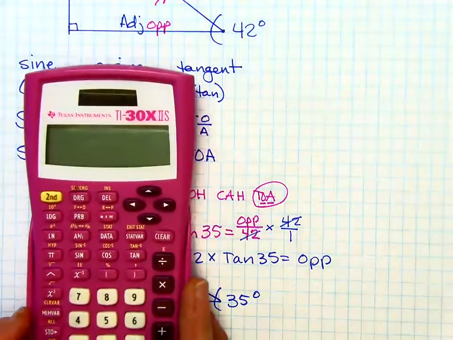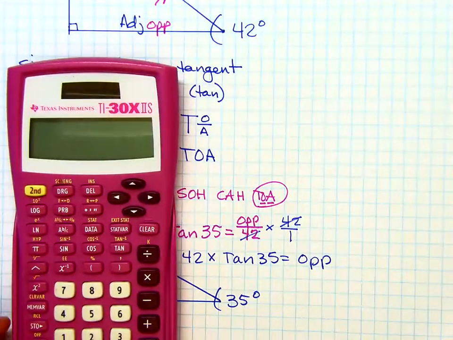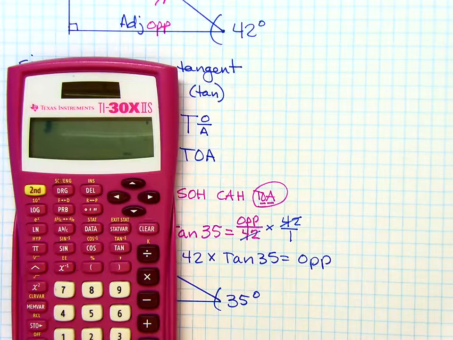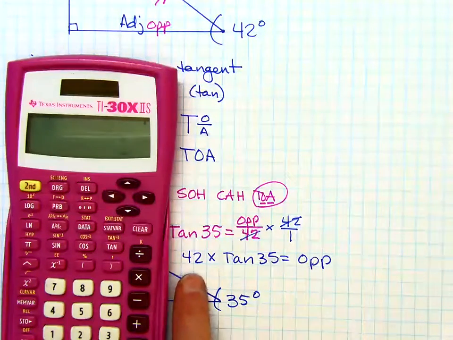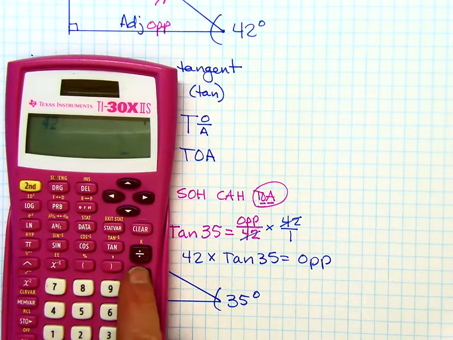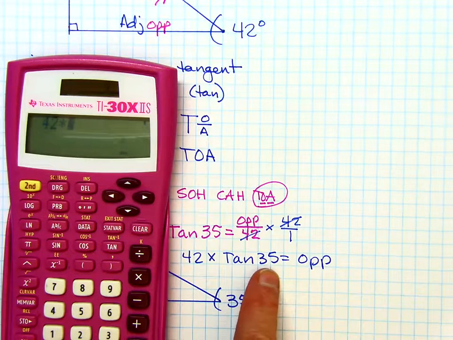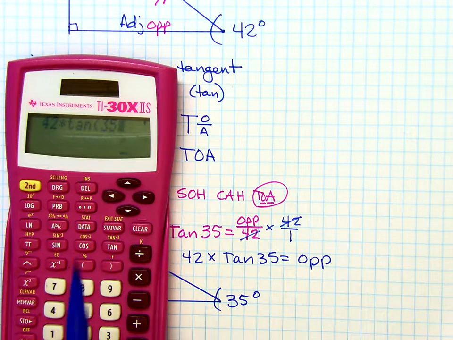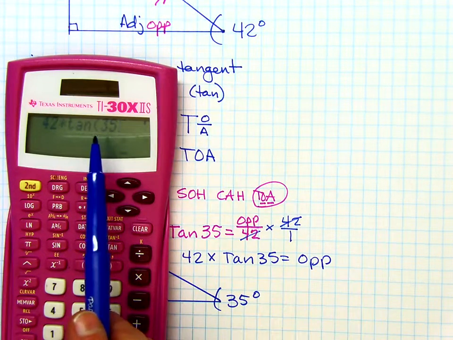So let's go ahead and do that, and we'll work through it together so that you know how to get it in. So we're going to take that 42 times, and then we're going to hit tan 35. Now notice on your calculator screen there's an open parentheses.